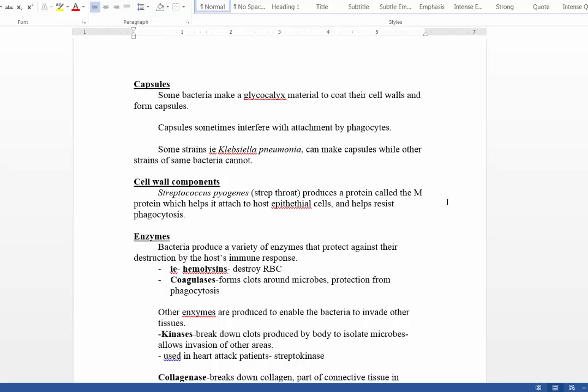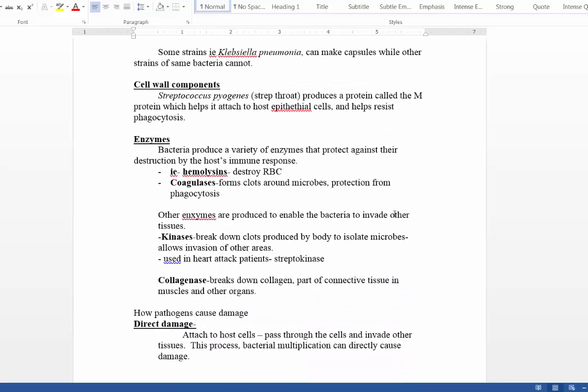It also helps them seem invisible to the immune system as well. They have certain cell wall components that attack your cells, like Strep pyogenes, which causes strep throat. It also causes a variety of other diseases, which we'll talk about later. It can actually attach to your epithelial cells and break them apart.